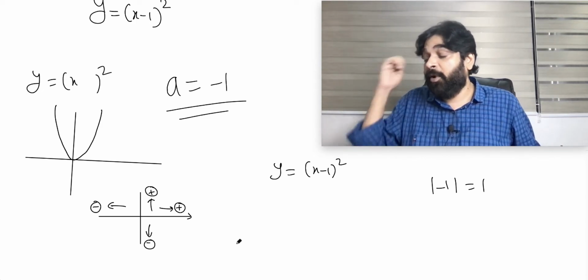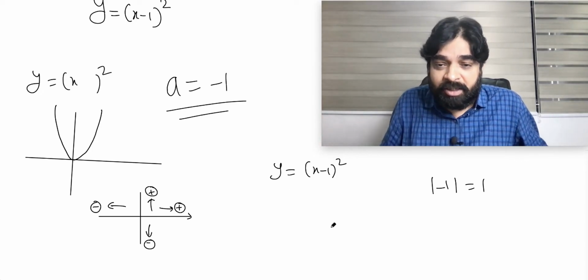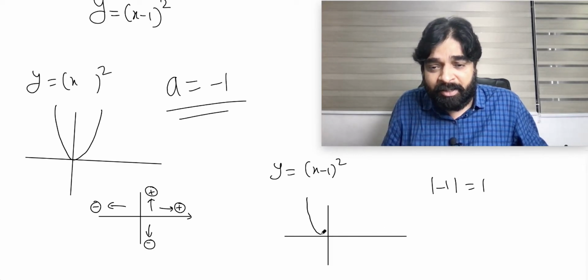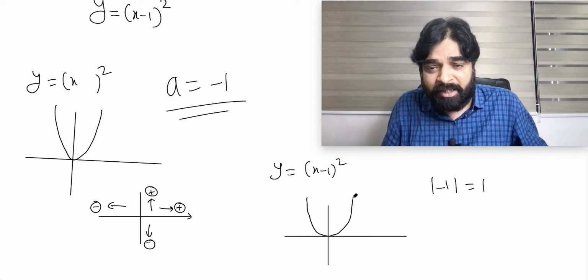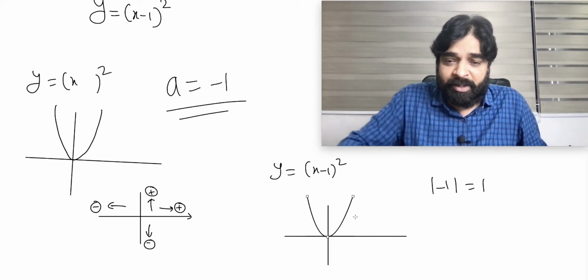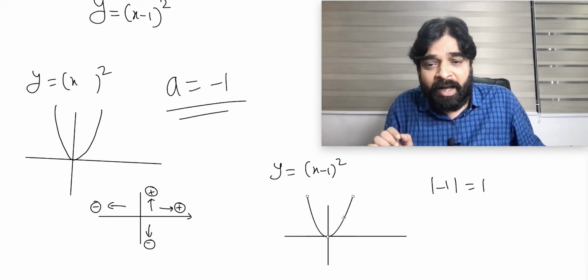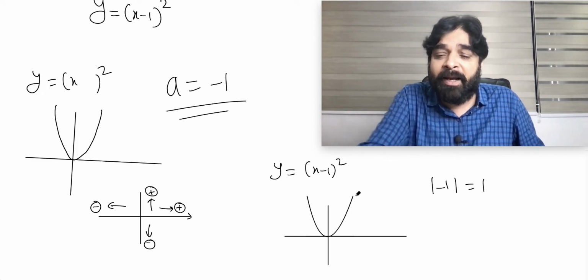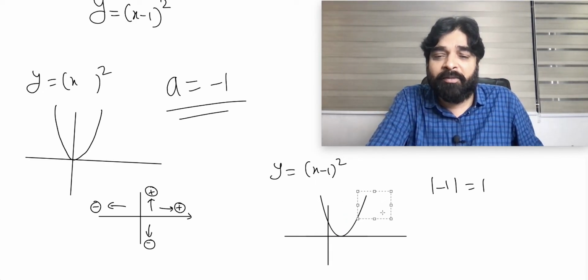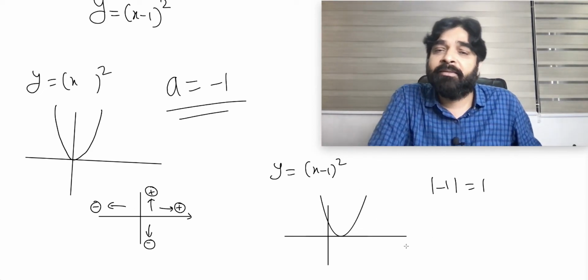Do you understand the point? Correct? So this y equal to x square graph, I have to displace by how many units? Mod of minus 1, which means 1 unit. So we'll hold it and displace it by mod a units. See, I am displacing. Whatever you displace, that is mod a only. Done.